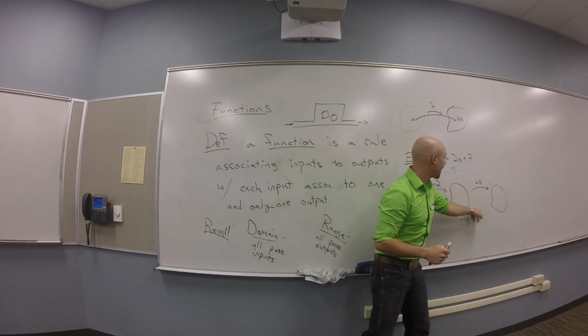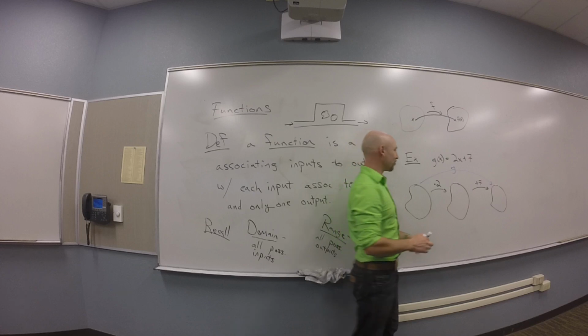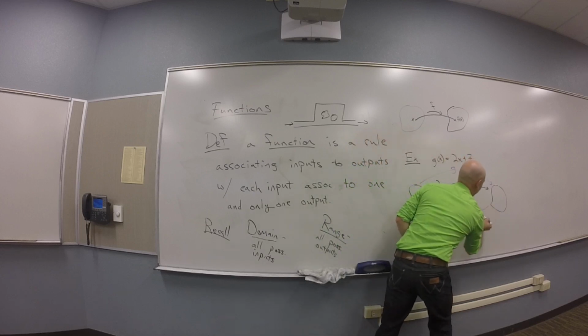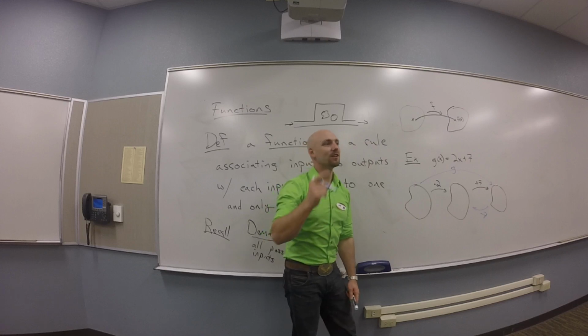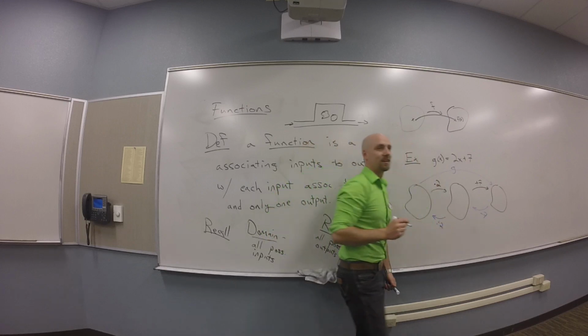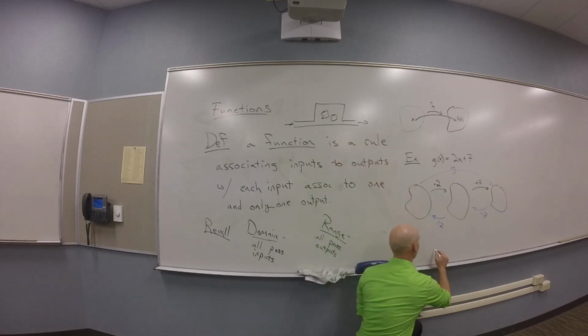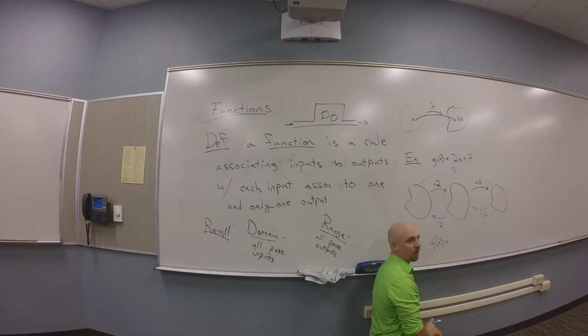If I want to back out of this thing, what do I need to do first? Subtract 7. Nice! And then what do you need to do to back out of this? You need to divide by 2. So just for kicks, let's write down g inverse of x. You start with an x, and what do you do to x first to back out?